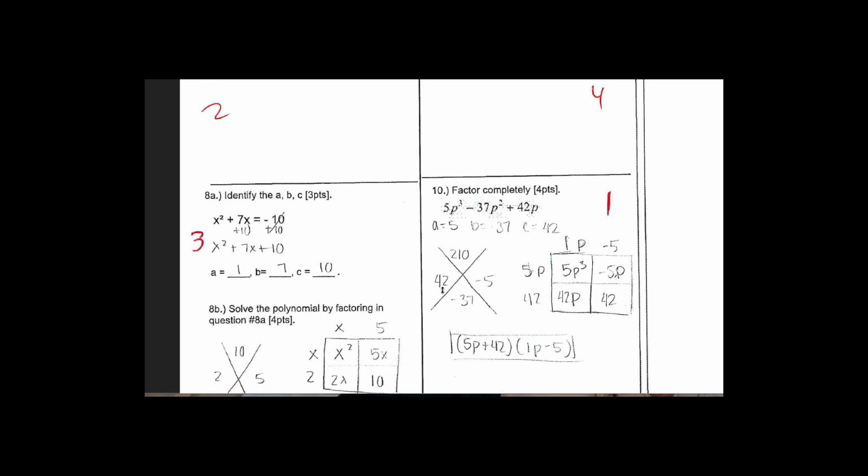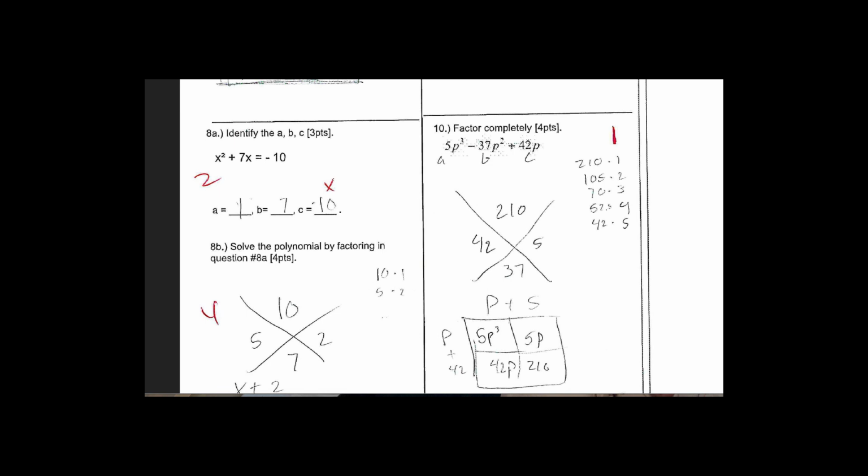Number two, 42 minus 5 does give you, you would have to switch those, right? Negative 42 and a positive 5 gives you negative 37. And then again, if you multiply those, you've got a negative. So incorrect. Same thing with this student. They picked 42 and 5, and they were incorrect. But this I like. They wrote combinations, which is helpful.